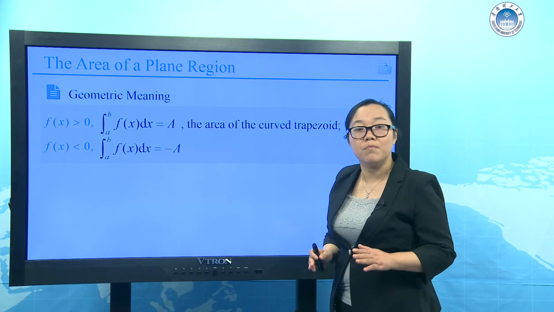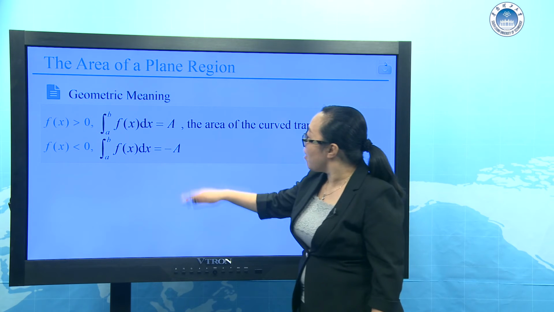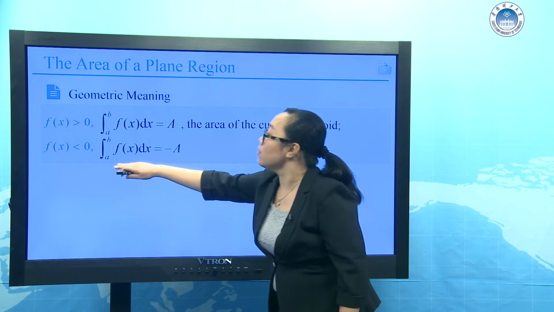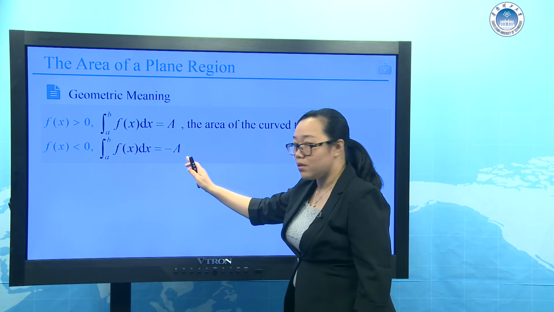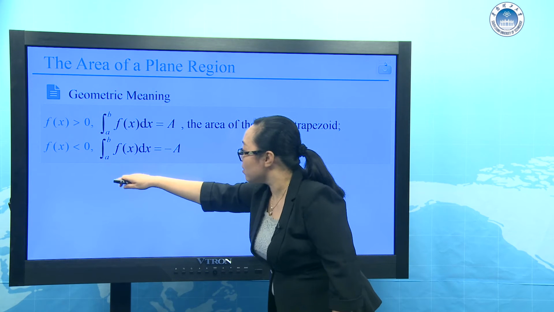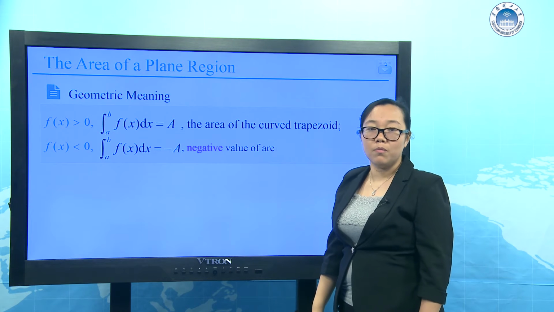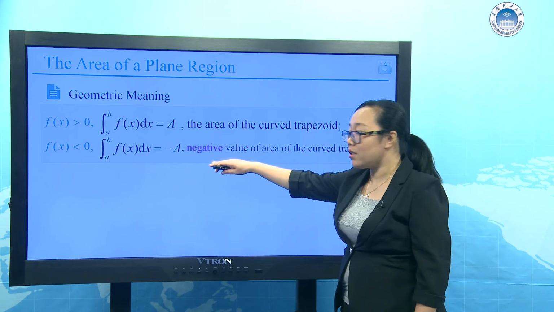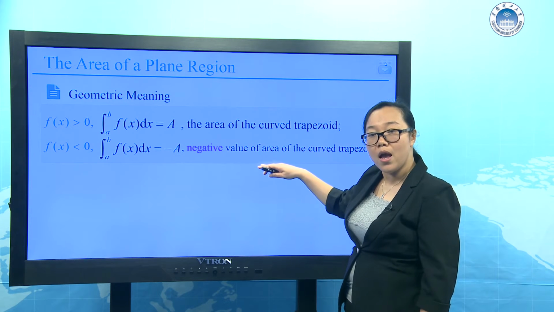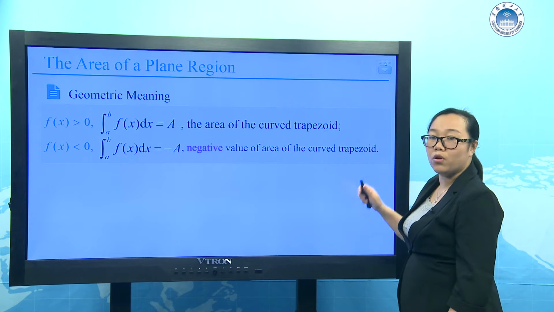The area is measured by a positive number, so we take minus the integral. The integral is a negative number, A is positive, and the minus sign makes it negative. So the corresponding geometrical meaning is the negative value of the area of the corresponding curved trapezoid.